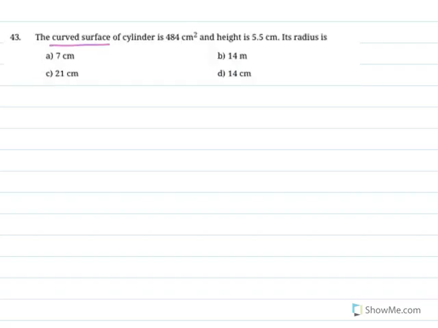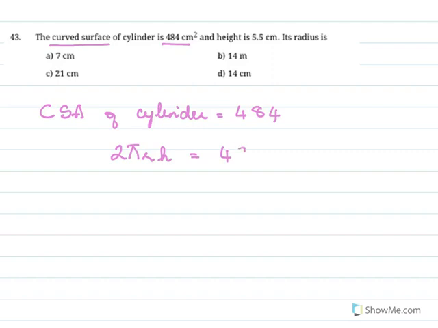The curved surface area of a cylinder is 484. So CSA of cylinder equal to 484. Now CSA of cylinder is 2 pi RH is 484. 2 into 22 by 7.